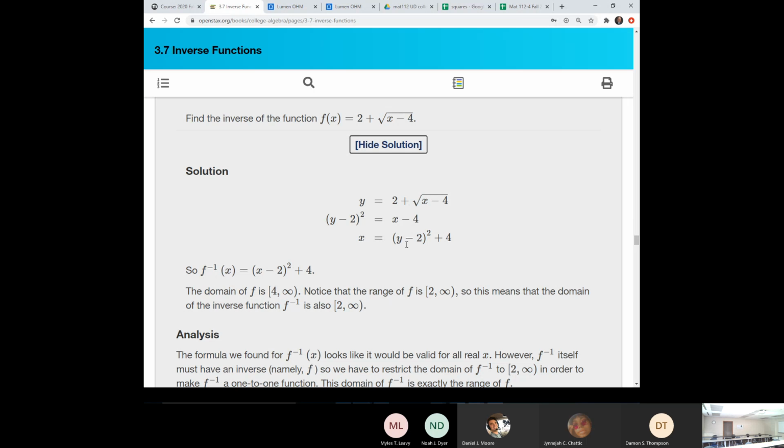So 2 and larger numbers are only what this function is going to be given, even though this function is happy to take any value of y, because his domain is only 4 and larger. That domain of the inverse is going to become 2 and larger.